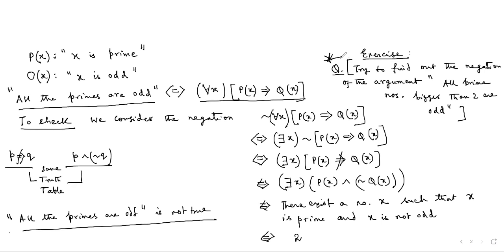Remember, I'm only asking you to write the negation of the argument, as I have shown you in the previous 2 examples, by using the universal and existential quantifier, how we find the negation of a particular argument. You just try to find out the negation of this argument, just the way I have shown you in this board work.